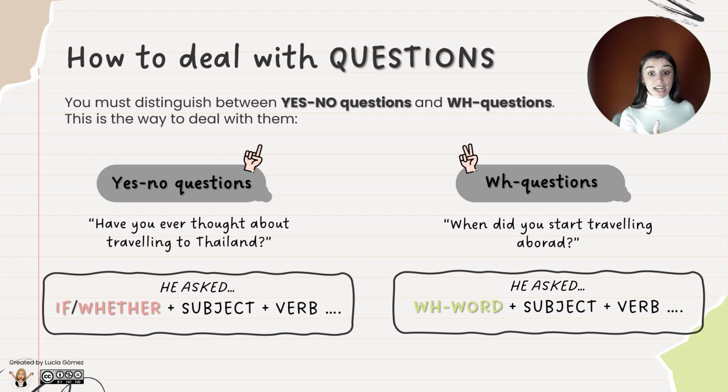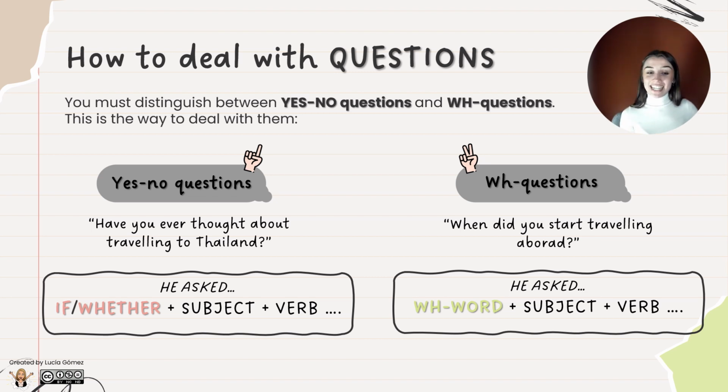If or whether, que no es el weather del tiempo atmosférico, sino un whether que significa lo mismo que if, pero es mucho más formal. And then we have the subject and the verb. Vuelvo a repetir, ese sujeto y ese verbo, por favor. Then, with WH questions, the structure is somehow the same, but the main change, as we can see in green, is that we insert the WH word that they give us in the question.